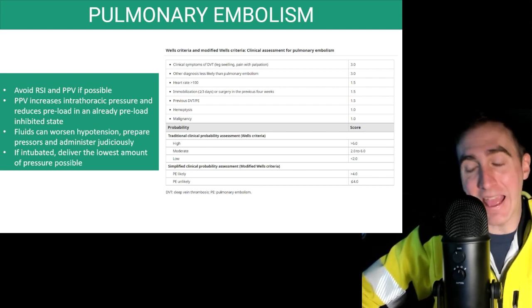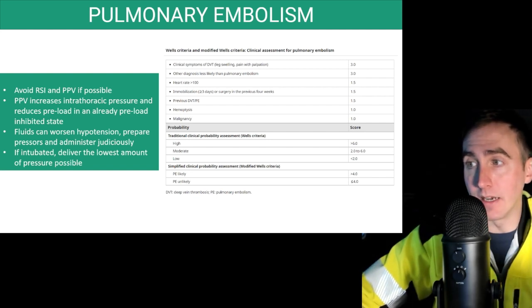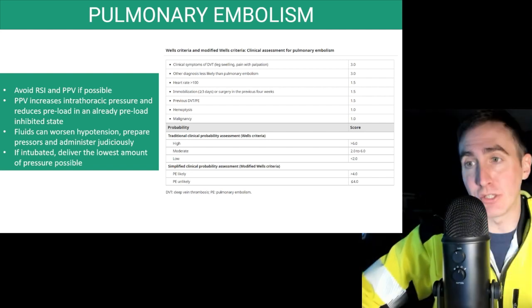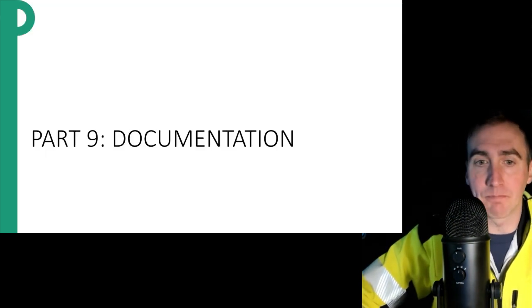So if you have to intubate these patients, use pressors. Try to not deliver high peak airway pressures. Fluids, surprisingly, can make it worse. Yes, these are just nightmare patients that you want to try to avoid intubation.